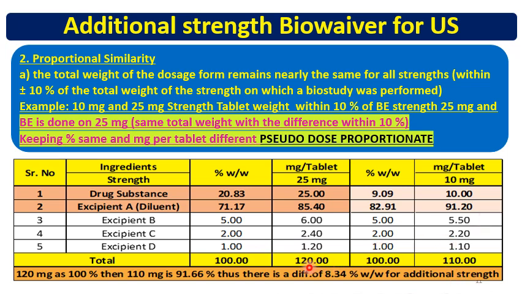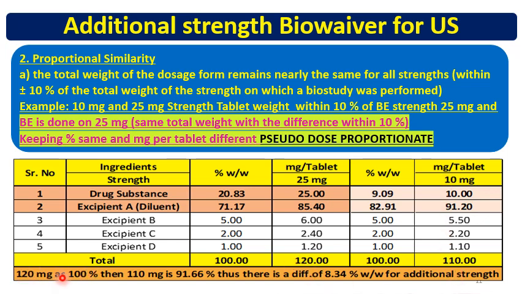Here, the 25 mg is the bio study strength and its tablet weight is 120 mg. Our regulatory requirement says that within 10% of the total weight of tablet for lower strength or other than the bio strength.